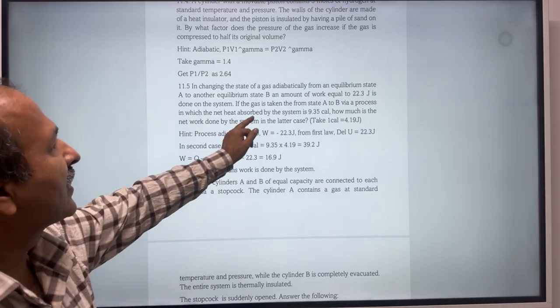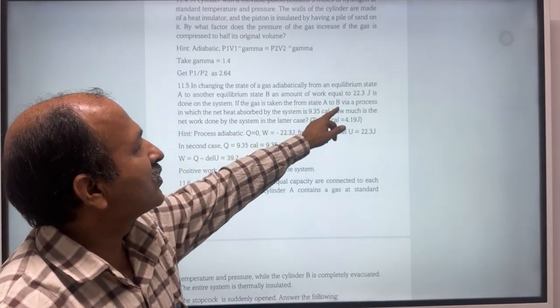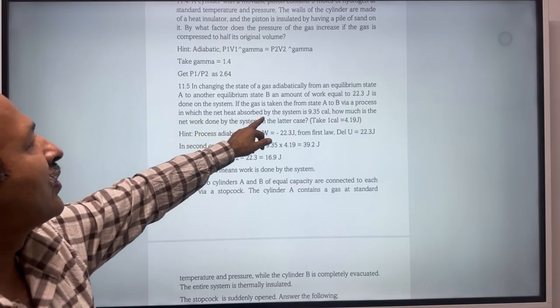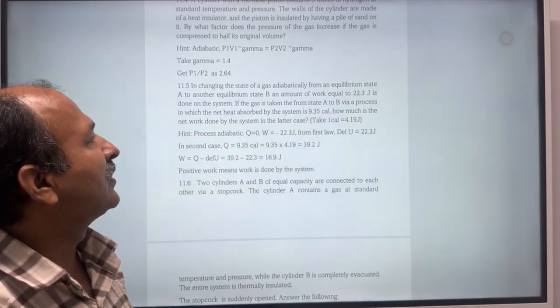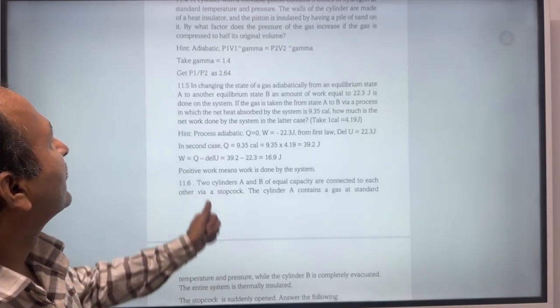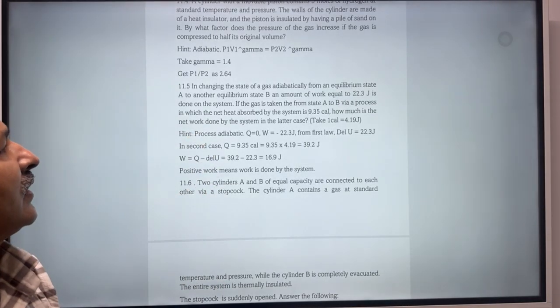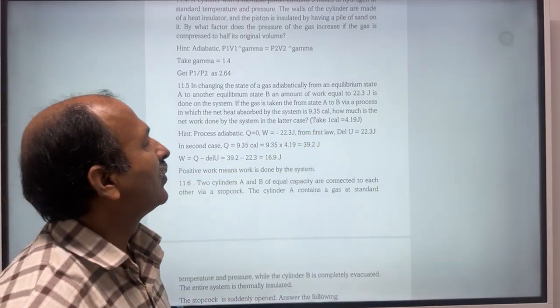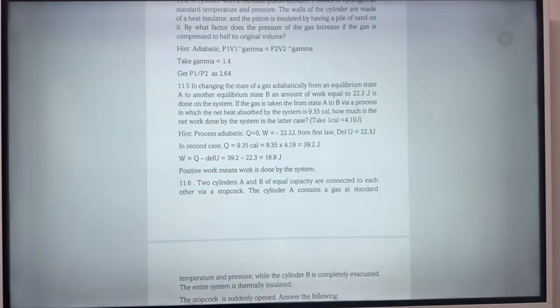If the gas is taken from state A to B via a process in which the net heat absorbed by the system is 9.35 calorie, how much is the net work done by the system in the latter case? You can take 1 calorie equal to 4.19 joule.